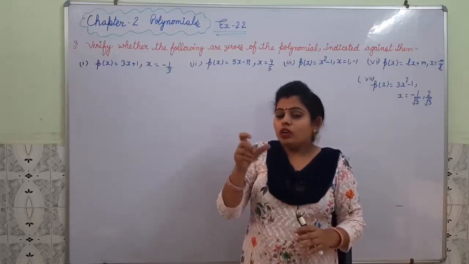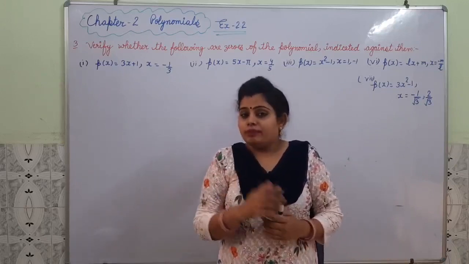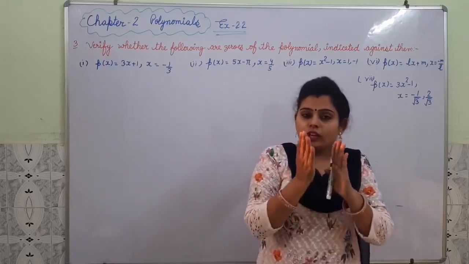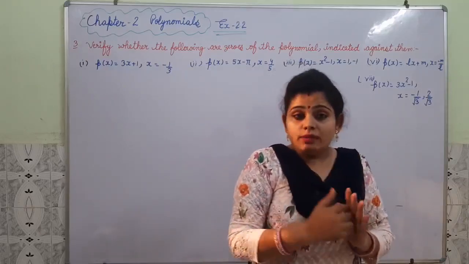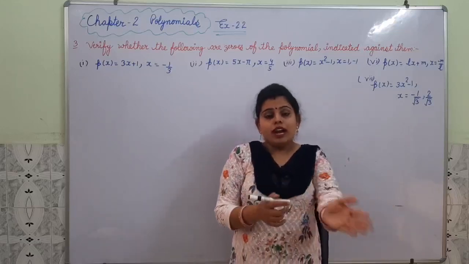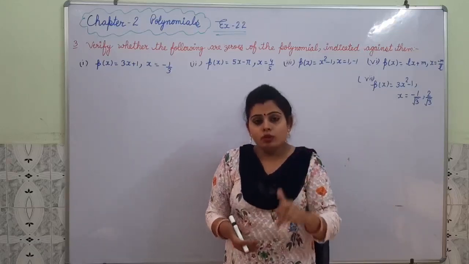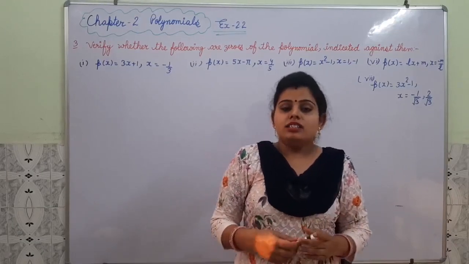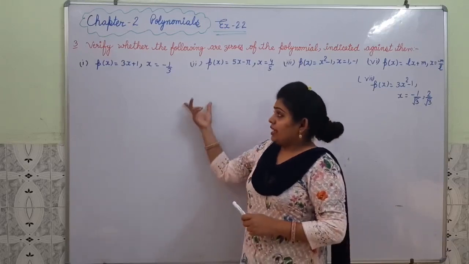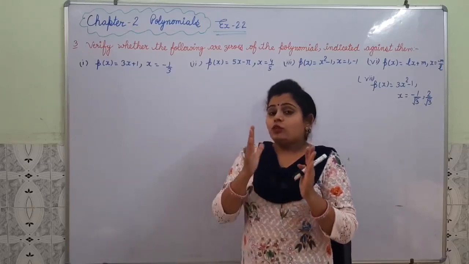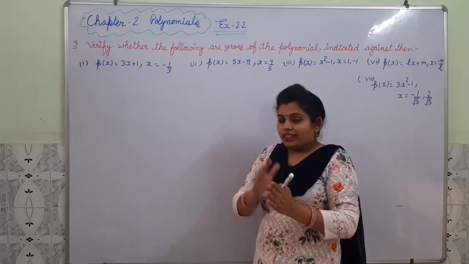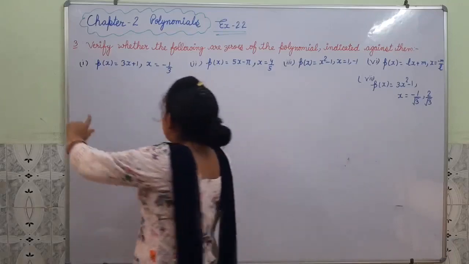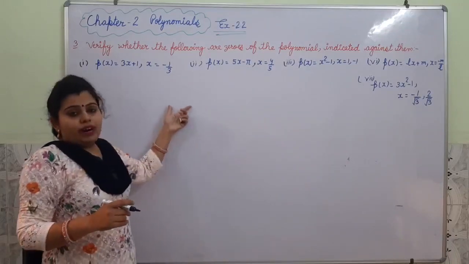If we are getting answer 0 when we are putting that value in place of that variable, अगर आंसर 0 मिल रहा है, then we can say that it is a zero of the polynomial. So the same we have to verify. Verify means we have to prove, we have to check whether we are getting 0 or not.